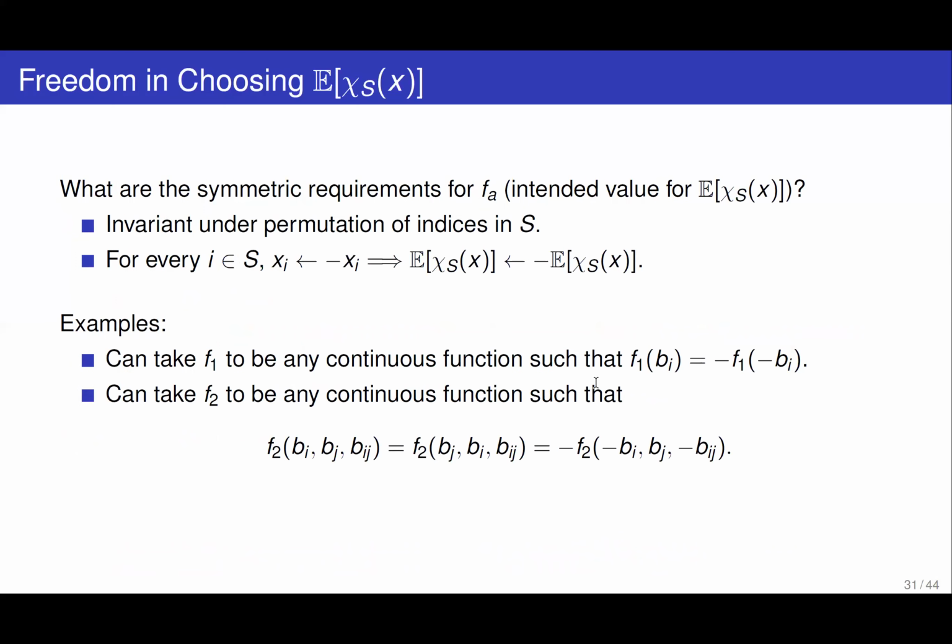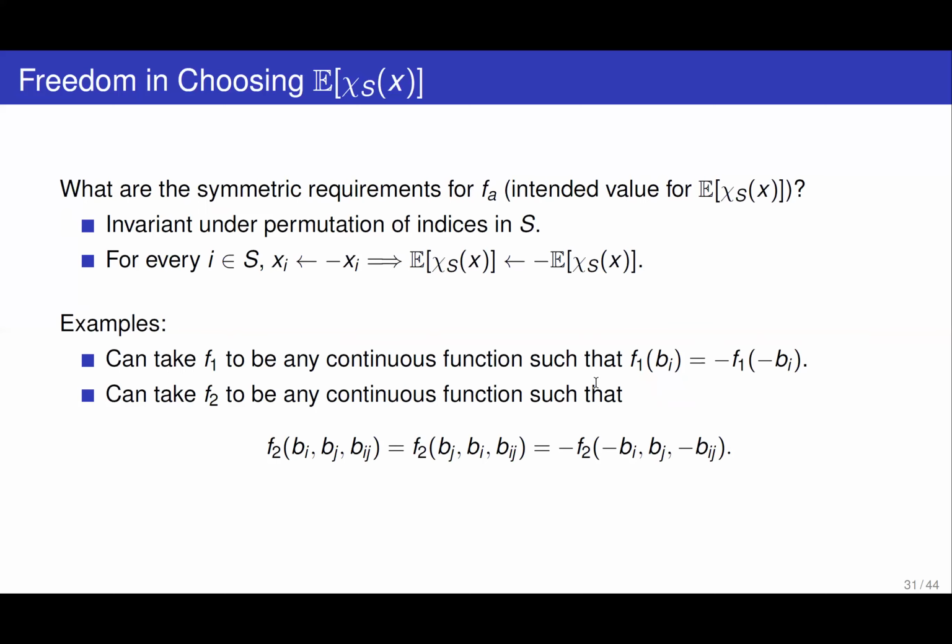So what are the symmetry requirements for fa? First, it has to be invariant under the permutations of indices in S. And second, for every i in S, if we flip the variable xi, then the expected value of the monomial should also be flipped. A few examples: we can take f1 to be any continuous function such that f1 of bi is equal to minus f1 of minus bi.